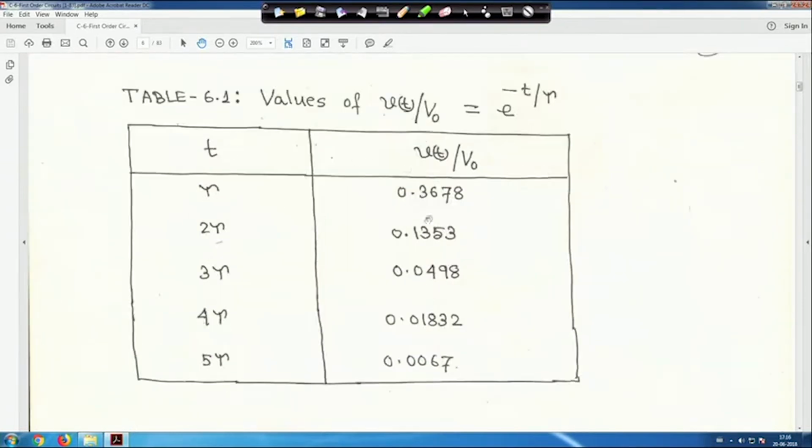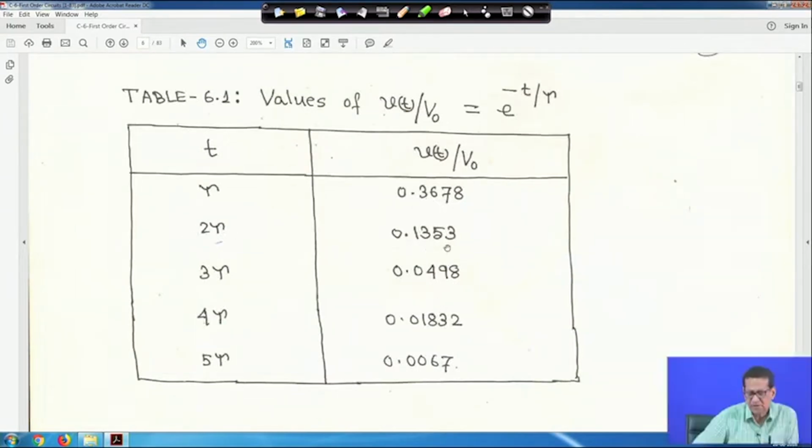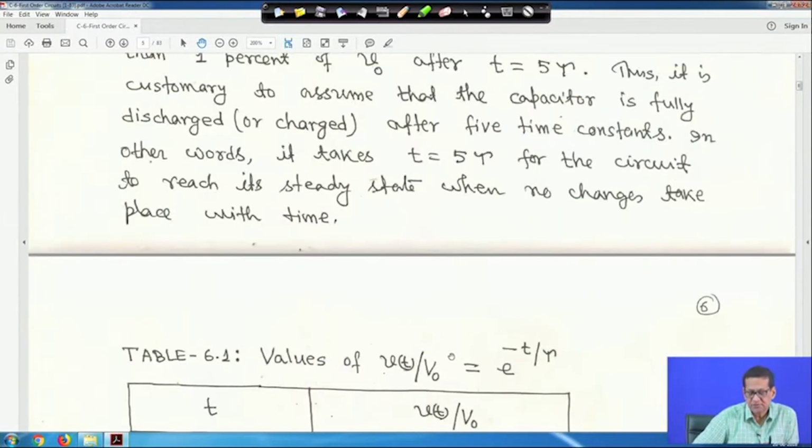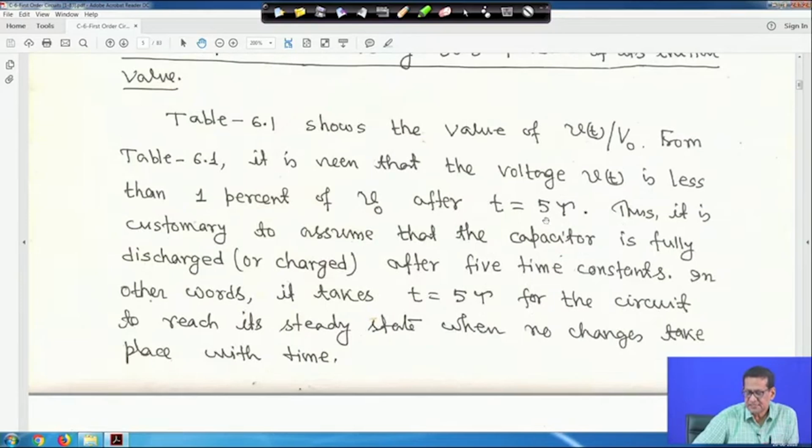When t is equal to tau, the ratio is 0.3678, when 2 tau 0.1353 and so on, up to 5 tau it is 0.0067, less than 1%. Therefore, after t is equal to 5 tau it is customary to assume that the capacitor is fully discharged, or fully charged in the other case, after 5 time constants.